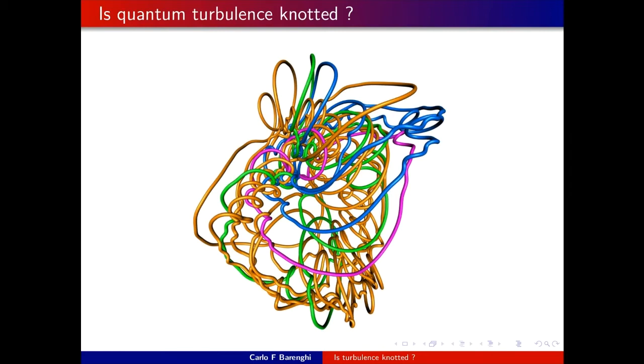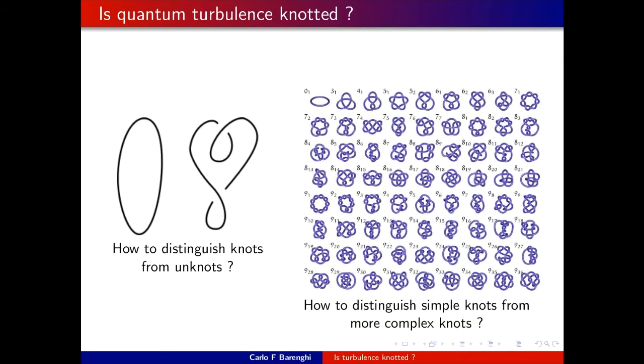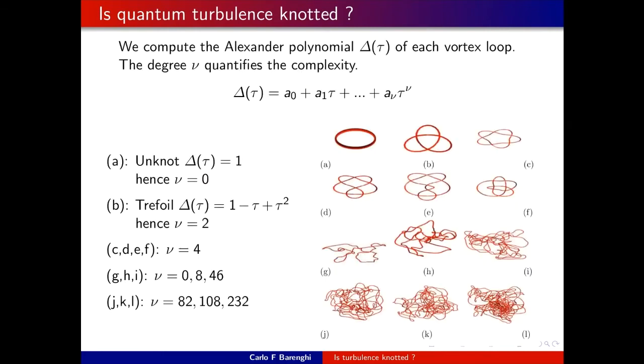So how do we know whether there are knots here? That is not a trivial question, but it can be answered in a simple-minded way. We want to distinguish knots from unknots, and possibly to quantify how knotted the knots are. For example, keep in mind the famous table of knots like this, produced since the times of Tait, Kelvin's friend. The way which we decided to use is quite simple.